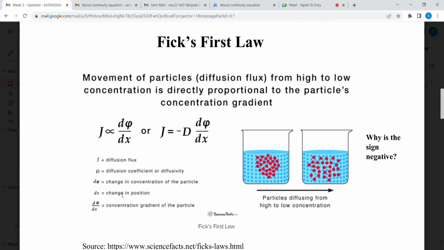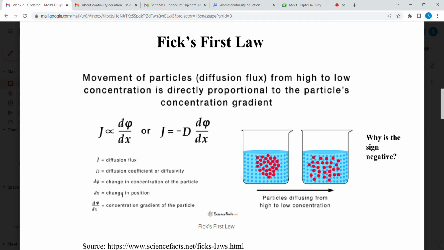Say you drop the ink at a position x1. At time t equal to 0, except for the point x1, all the other points inside the solvent system, in the water, the concentration of ink is going to be 0.